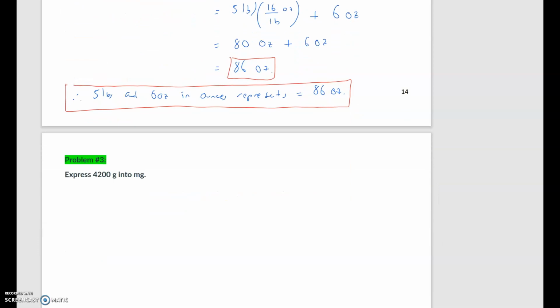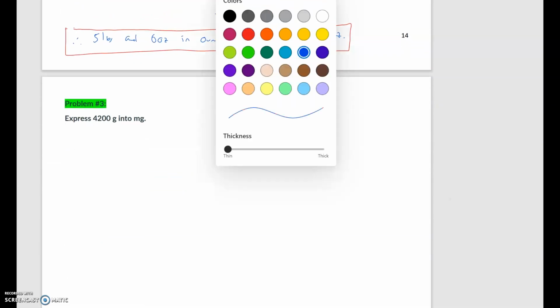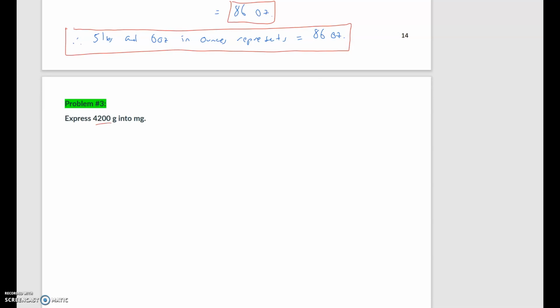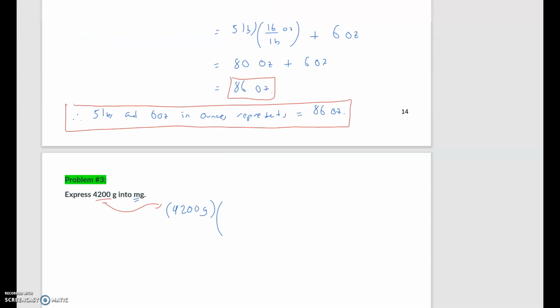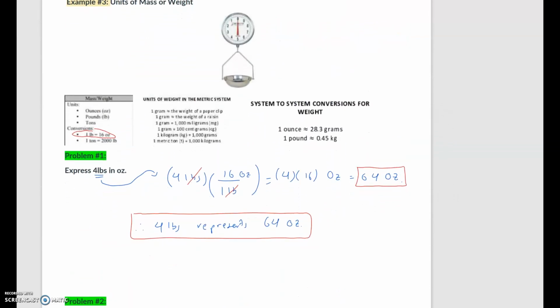Okay, let's take a look at problem 3. In problem 3, we're getting a large value that they want us to express, grams into milligrams. So we're looking at 4,200. This will be grams, and they want us to express it in milligrams. Let's take a look at the conversion factor.